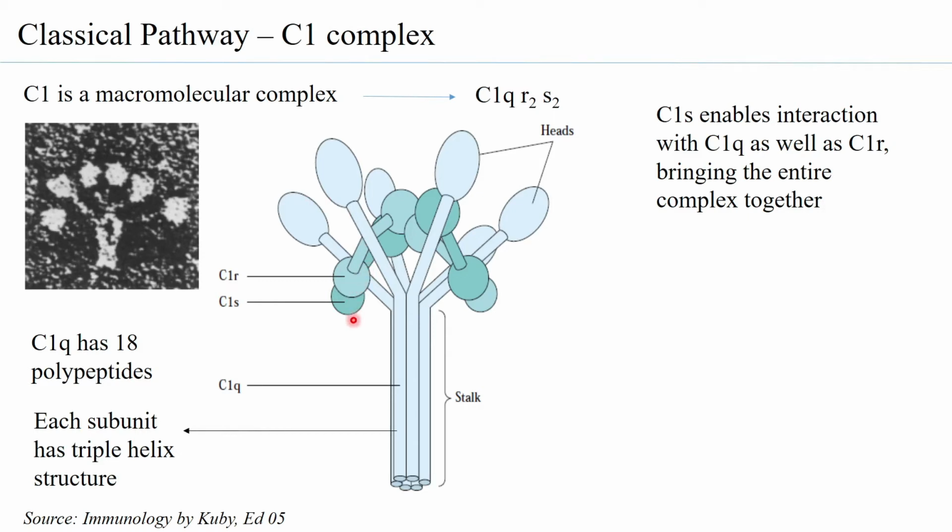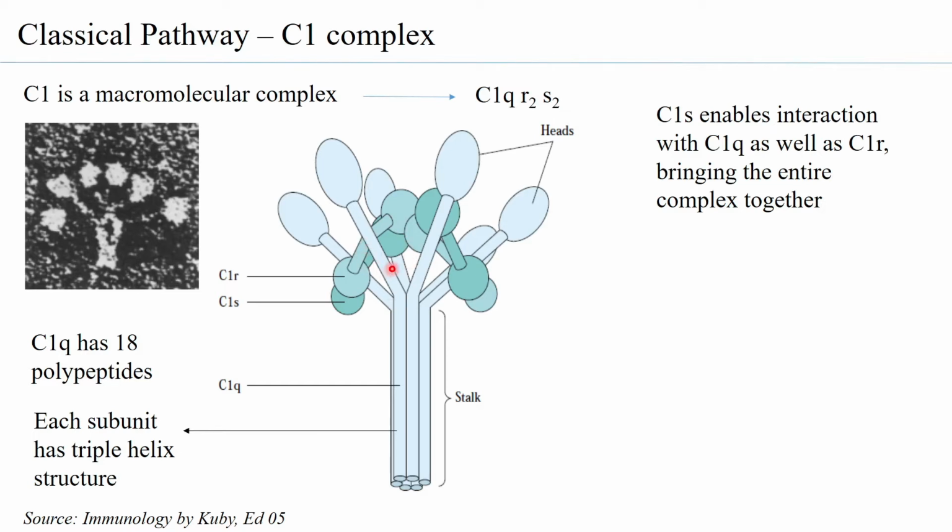C1s interacts first with C1q and then it interacts with C1r. That is how the complex is formed. So effectively we can say that the C1s is kind of cementing all of them together to form the complex.